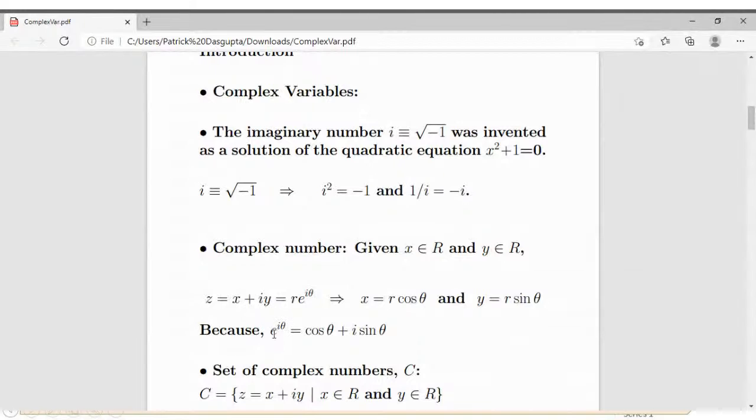As you know, the exponential function comes as a series expansion: e raised to power x is 1 plus x plus x squared by 2 factorial plus x cubed by 3 factorial and so on.